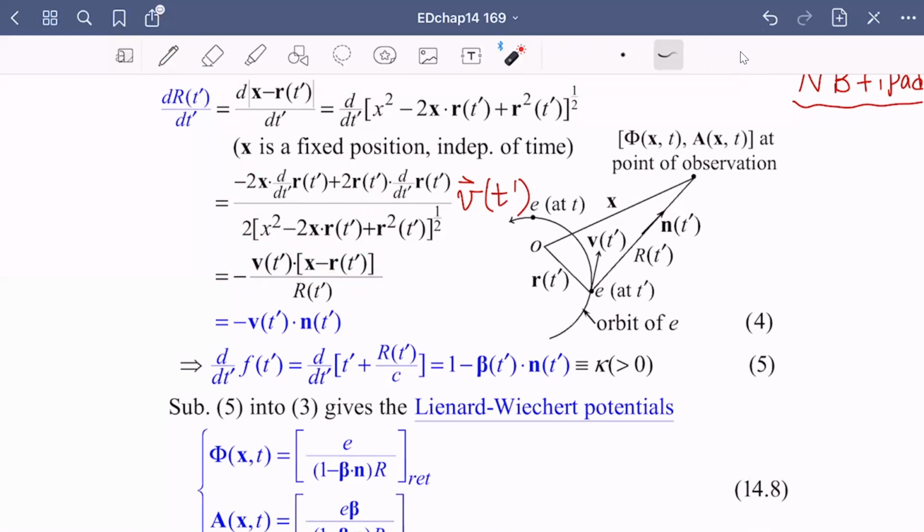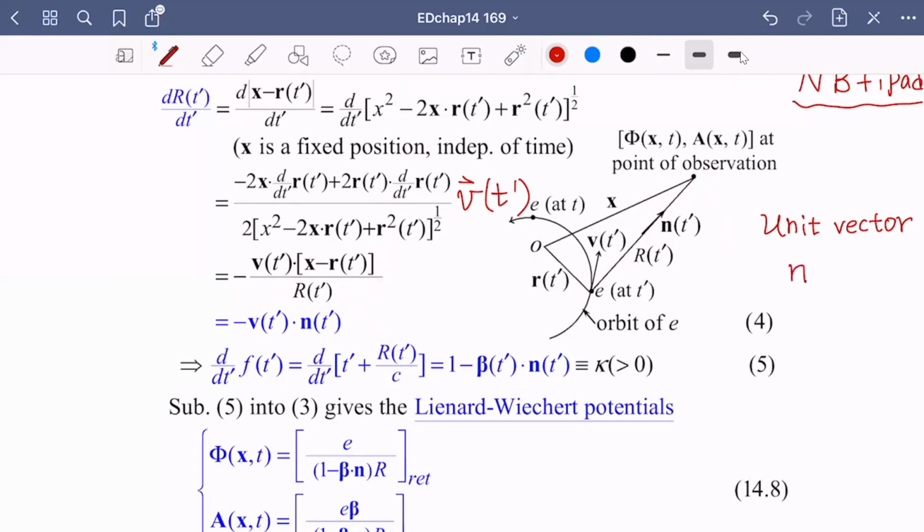So these two, from here to here, is just normalized with R. That's the direction, the unit vector.